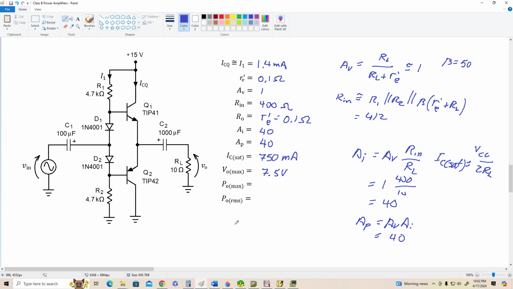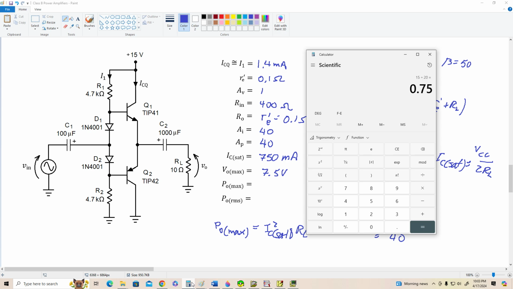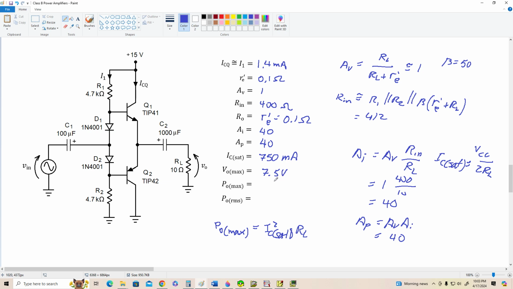And our maximum output power, PO max, is IC sat squared times RL. Let's use that version. Okay, so we've got IC sat is 0.75, squared times 10 is let's just call it 5.6 watts. Okay, it's not going to be quite that, but close. 5.6 watts.